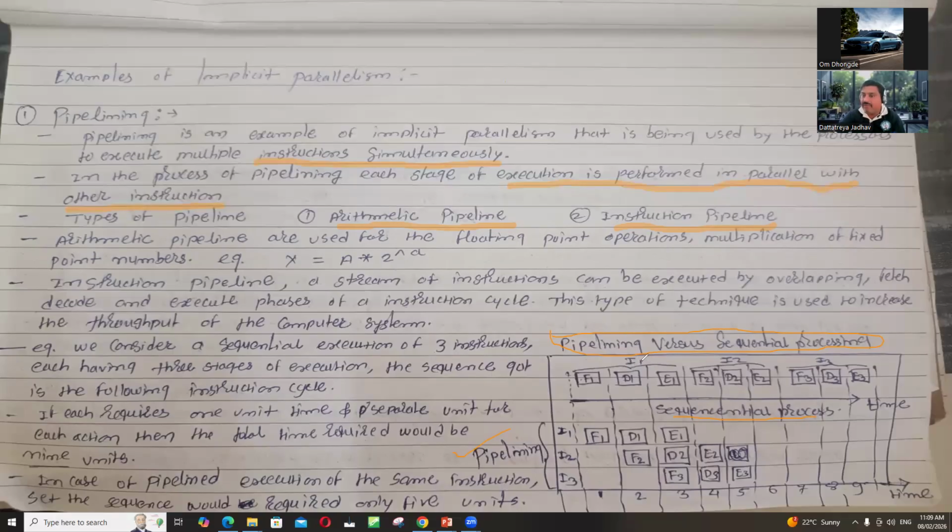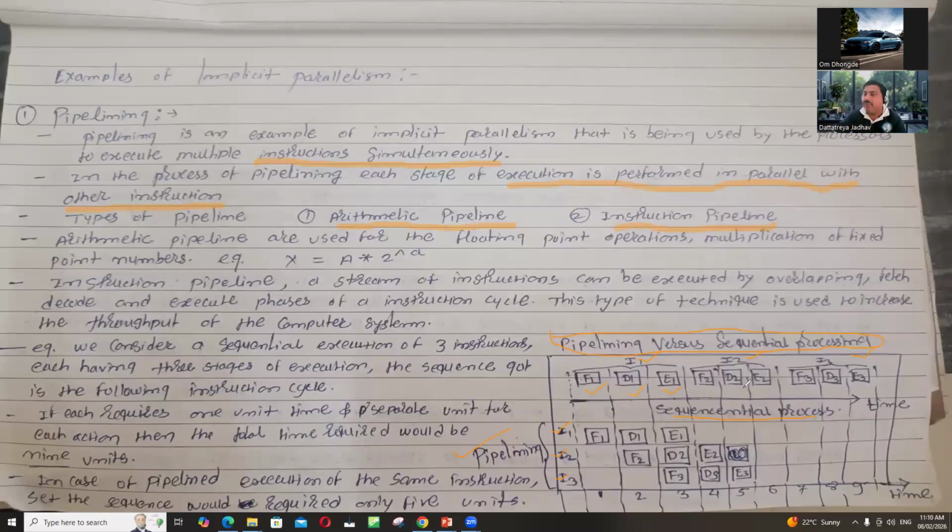Just look here for I1, I2, I3, and here also I1, I2, I3. Three instructions with some of the operations. F1 is a different data processing, D1 is a different one, and E1 is a different one.